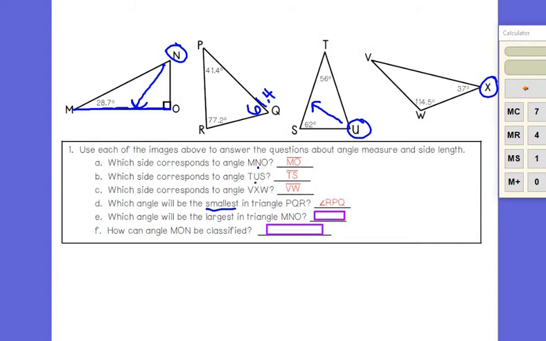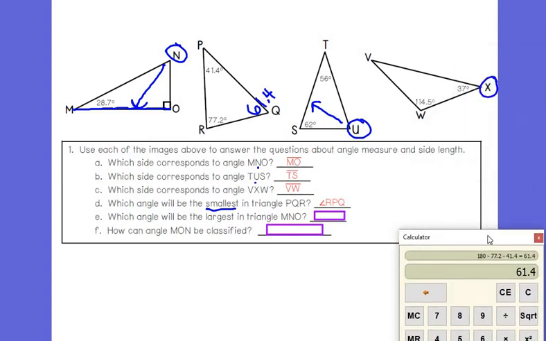Okay, E says which angle will be the largest in MNO? Did they give me all the information I need in MNO? What does that box mean? So yeah, it kind of does. What does that box mean? Right angle, 90 degrees. So Chance says it kind of does give me all the information I need. Well, if I have a 90-degree angle, the other two angles have to be what?